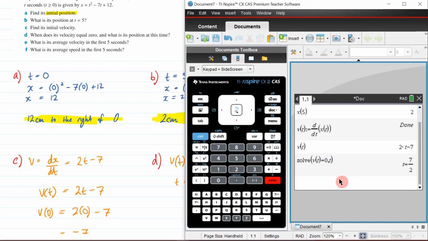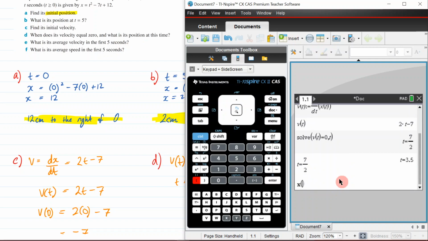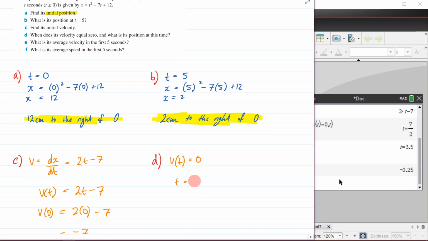And then we also want to find out the position that this occurs at. It's going to occur at that point right there. So it occurs at 3.5 seconds, and the position that it is going to be at is x of 3.5, which is negative 0.25.